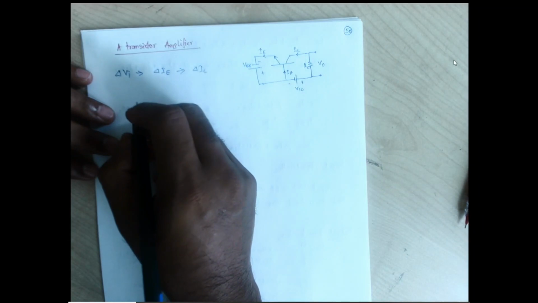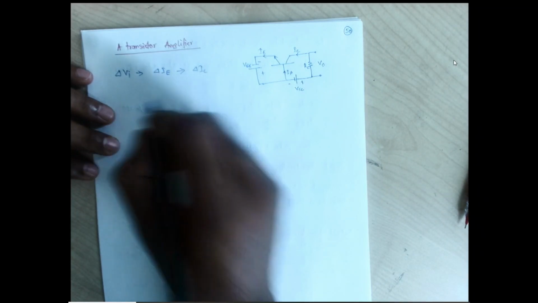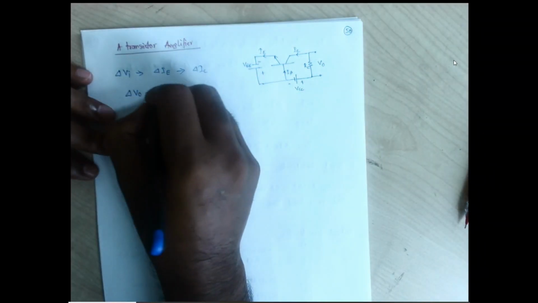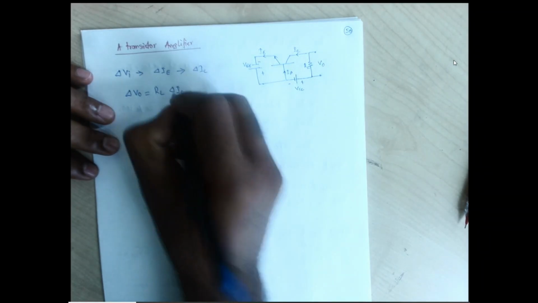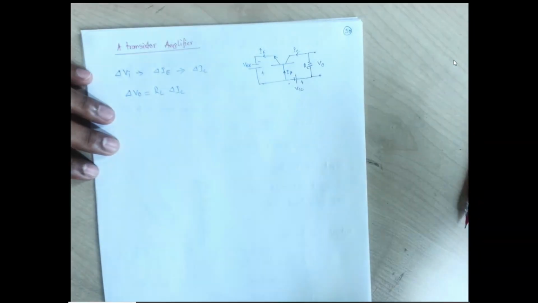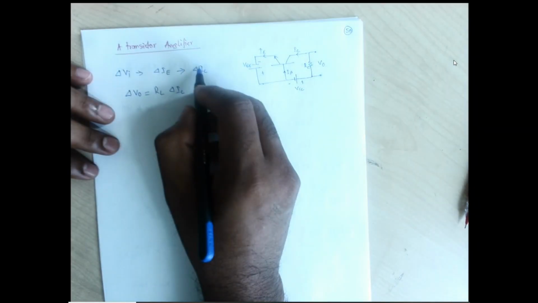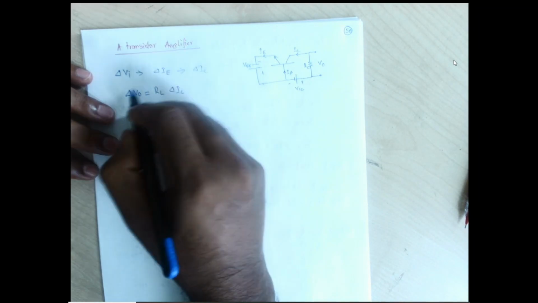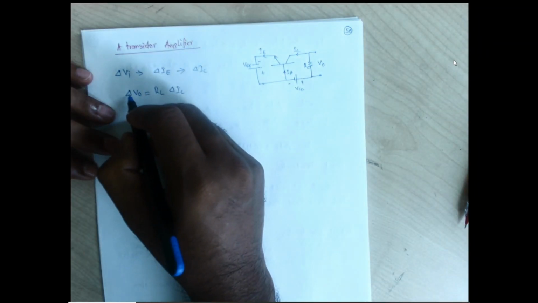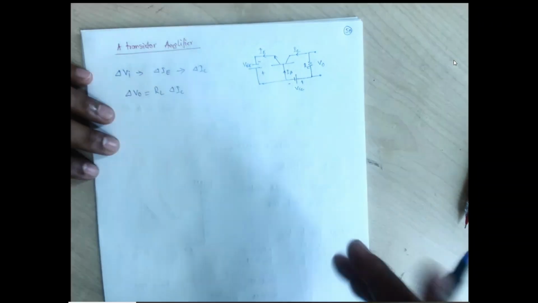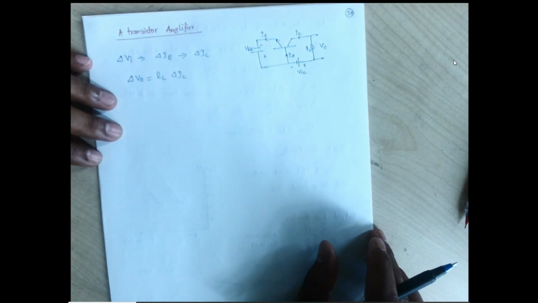So the voltage drop across this RL, that is del V naught, will be RL into del IC. So this del Vi leads to a change in the collector current, and that leads to the voltage drop across the output resistance RL.